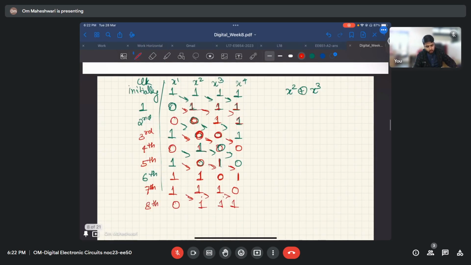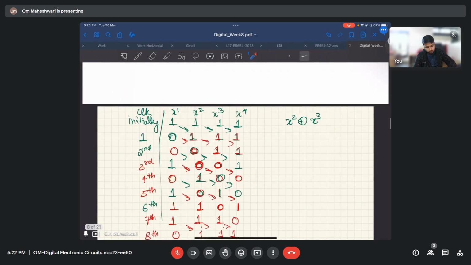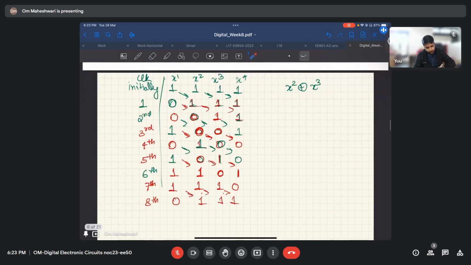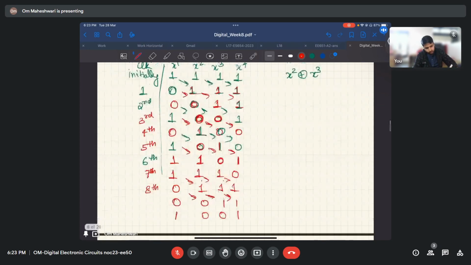Okay. So if we see here, this is now repeating, right? Again, if we keep on doing, it will follow the same thing. 1 and 1 XOR will be 0, and this will be 0 1 1, and 0 and 1 XOR will be 1. It will be 0 0 1. So you see, this is repeating now.